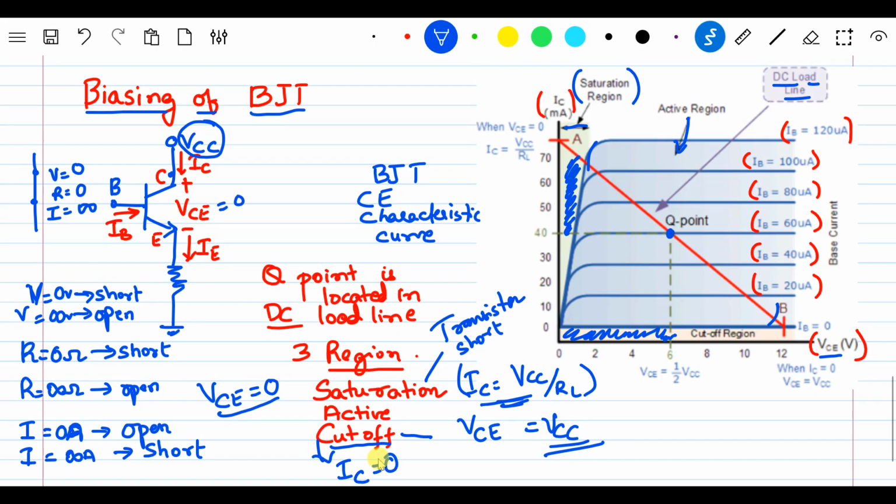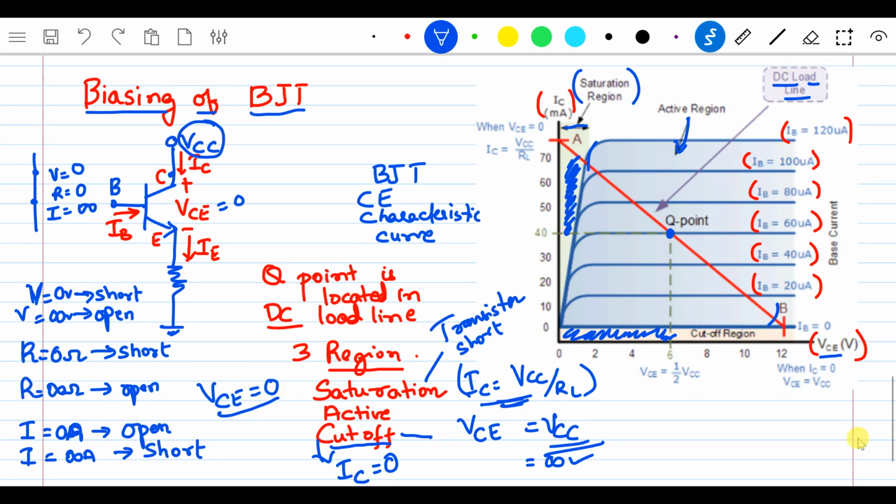But when I go with the active region, when VCE approaches VCC, think of it as infinite. The very maximum value is nothing but the voltage value, which is VCE approximately equal to VCC. Theoretically we say it is infinity, but practically we don't have anything called infinite. Here also, theoretically we say it is 0, but practically it is not exactly 0; it will be some minimum value.